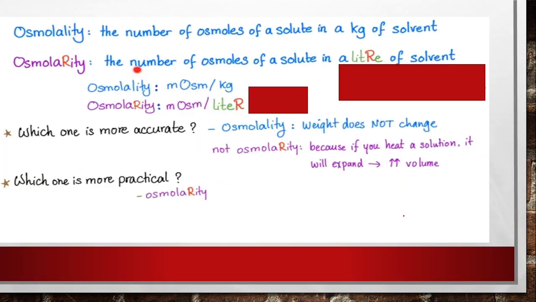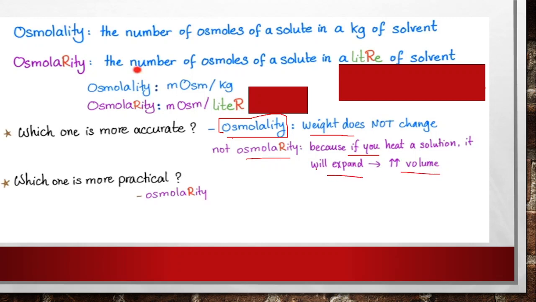Now if we look at which one of the units is more accurate, this is an MCQ: osmolality is the more accurate unit, because weight does not change. Osmolarity is not so accurate, because if you heat the solution it will expand and its volume will increase.